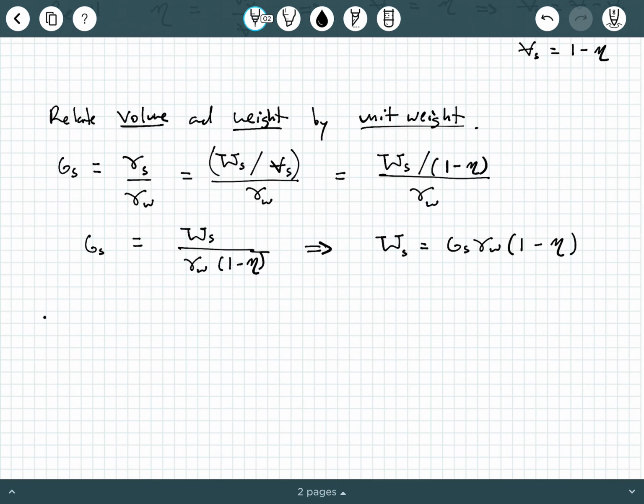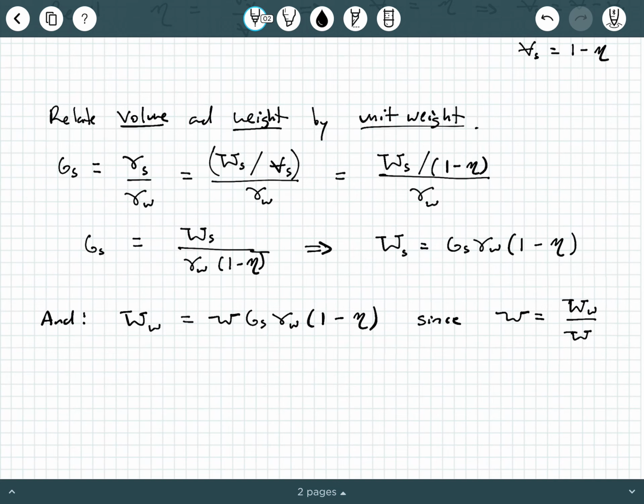I'm not going to show all the algebra here, because the steps are pretty similar to what I just did. So I'm going to say the weight of water can be determined by moisture content times G sub S times unit weight of water times 1 minus porosity. We can do that since the moisture content is equal to weight of water over weight of solids.